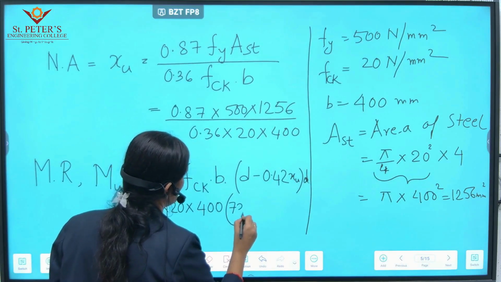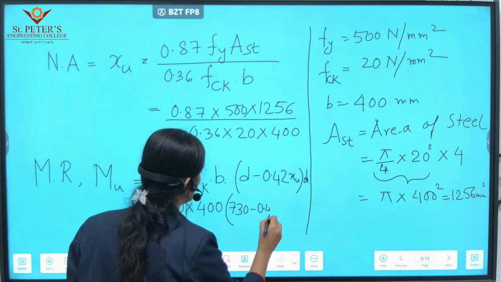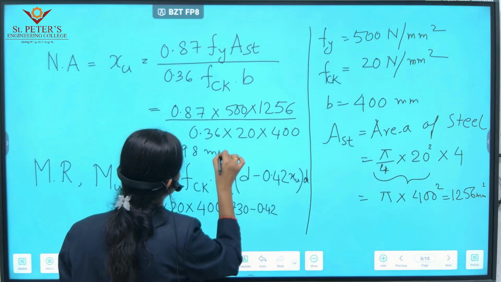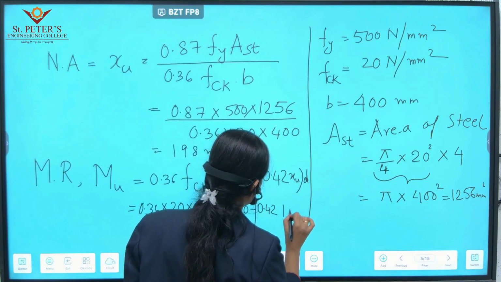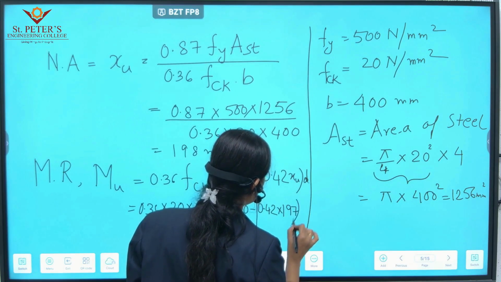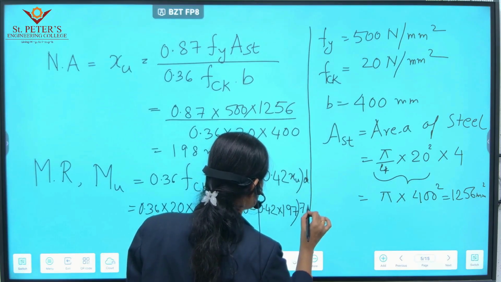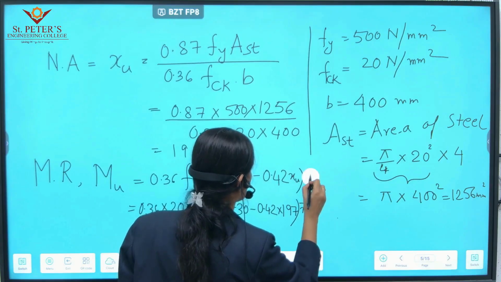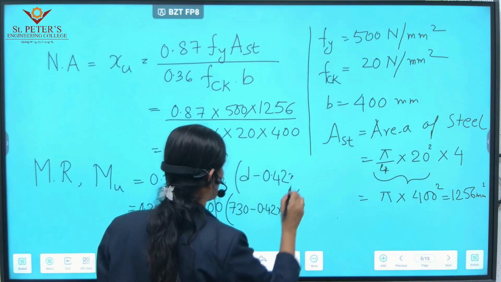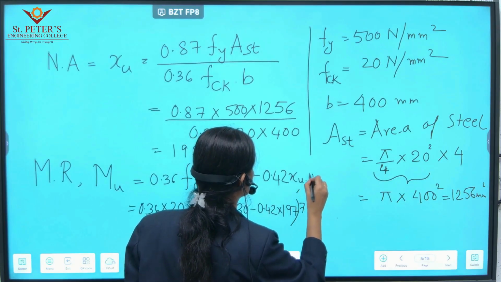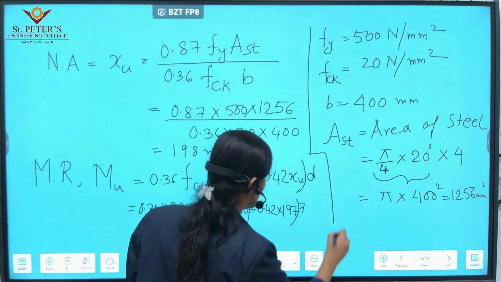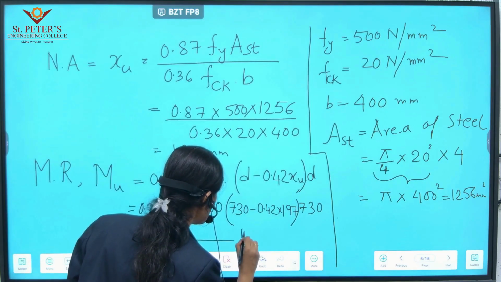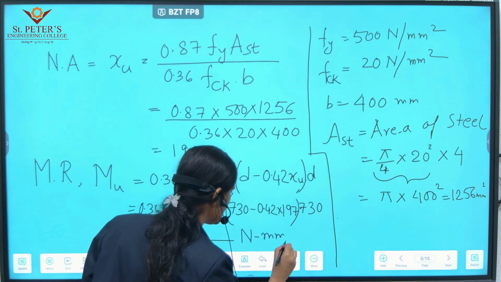So 730 minus 0.42, whatever Xu value we get, some 198 mm or 197, into 197, d is your effective depth of 730. In this process, we will get the value in Newton mm.